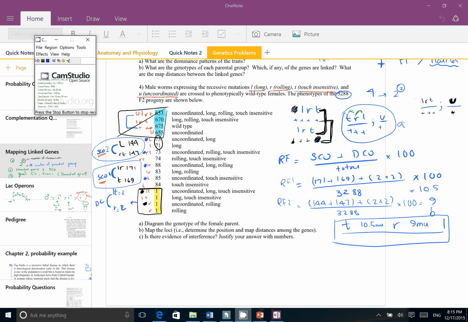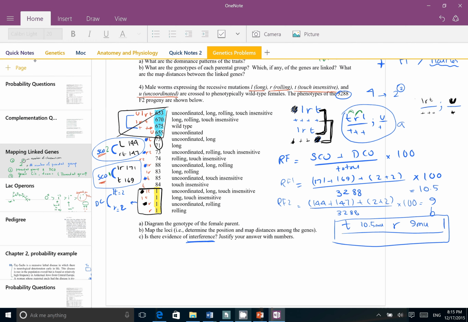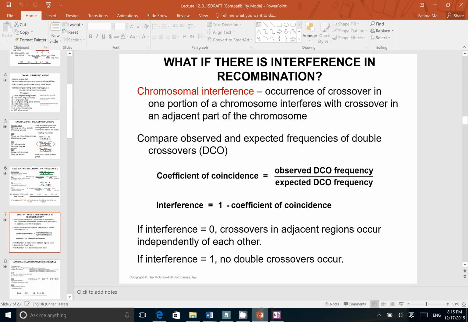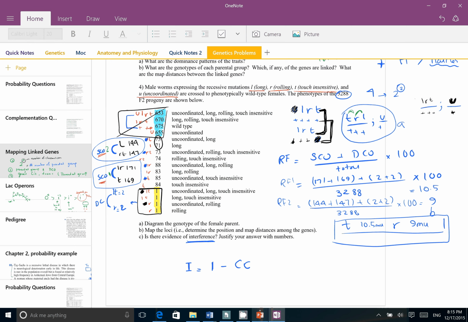So the equation for interference: I for interference equals 1 minus the coefficient of coincidence. The coefficient of coincidence is equal to observed double crossover over expected double crossover.